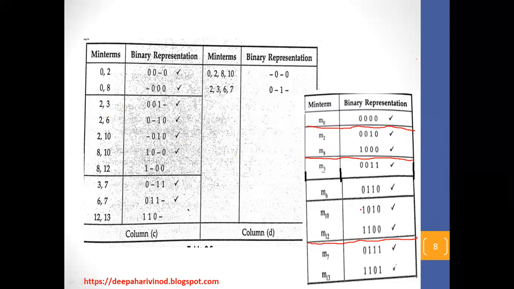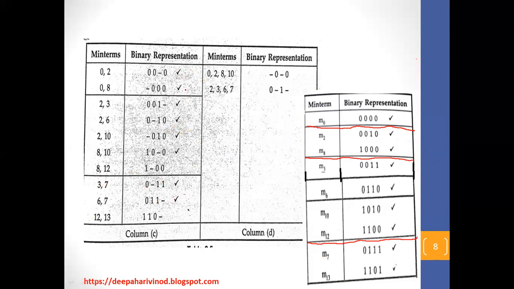So 2 with 3, 2 with 6, 2 with 10, 8 with 10, 8 with 12. When we reach till 8, you can put a mark since you finished with the second set. Now compare this with the last one. After that you will get like this. Then next you have to compare this set with this set, and finally this set with this set.